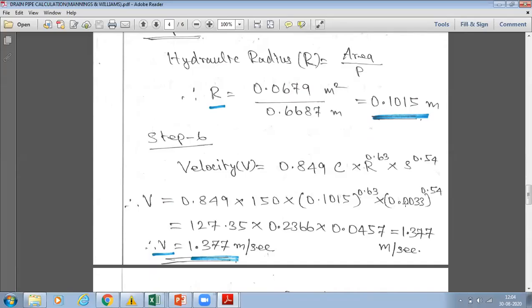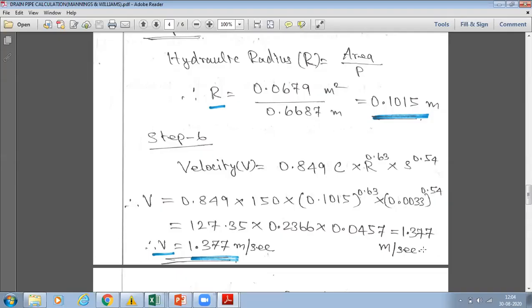S is already 1 in 300, so I consider 1 divided by 300, which is 0.0033, to the power 0.54. After solving this, we will get 1.377 meter per second.